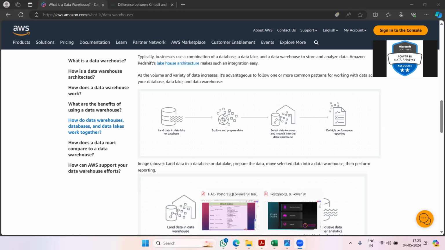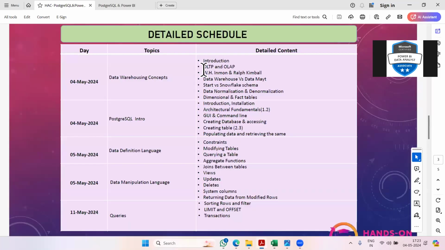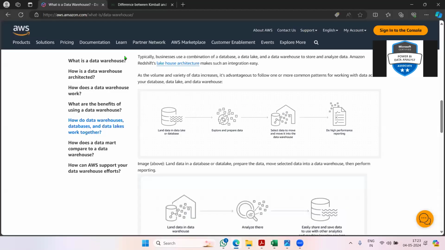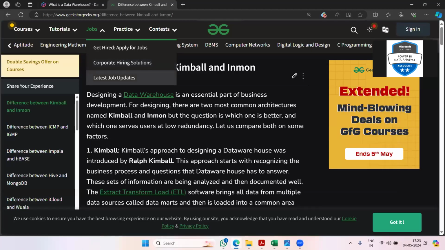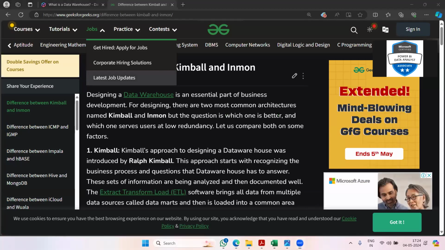Fine. So now we have seen OLTP and OLAP, right? Now we will see the theories of W.H. Inmon and Ralph Kimball. In data warehousing, we have two legends, right?